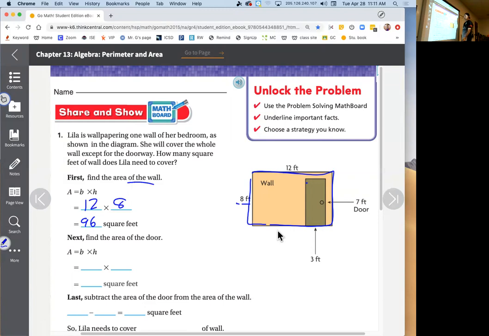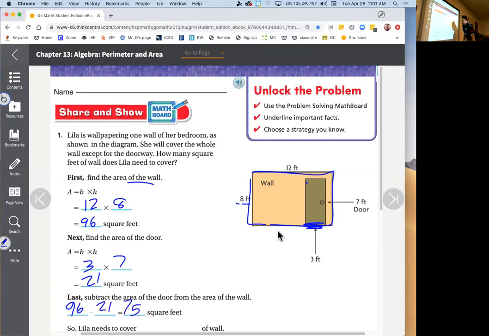96. Okay, now we find the area of the door, base times height. What's the base of the door? It is 3. What is the height of the door? The door is 7. What is 3 times 7? 3 times 7 is 21 square feet. So now we're just going to subtract. So 96 minus 21 is what? 75?